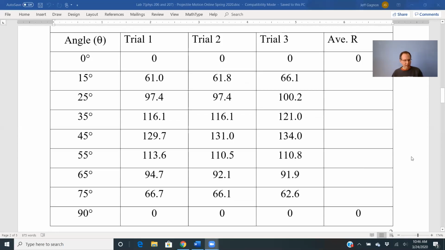Okay, so hopefully that made sense. At 0 degrees it's 0, and at 90 degrees it's 0. Then at the other angles, at 15, 25, 35, 45, 55, 65, and 75 degrees, I did 3 trials where I collected those range values, and these are the data that I collected.